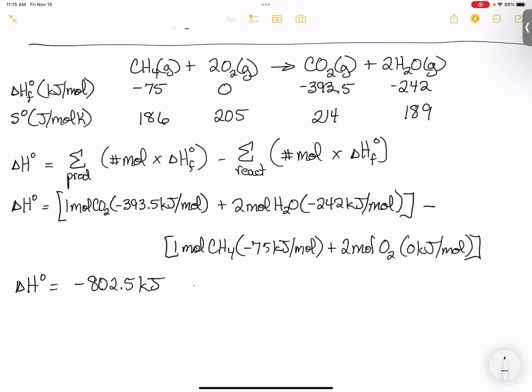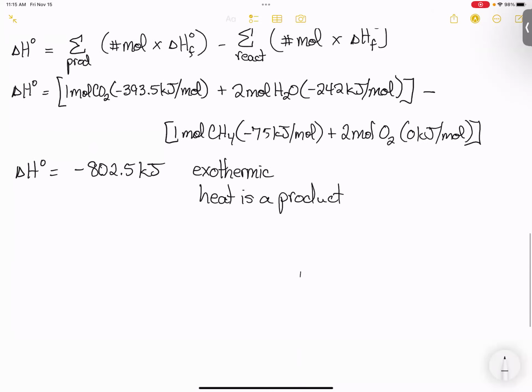So what we know about this is that it is exothermic. Heat is a product. And it is spontaneous with respect to enthalpy.